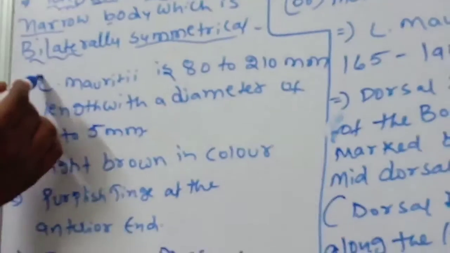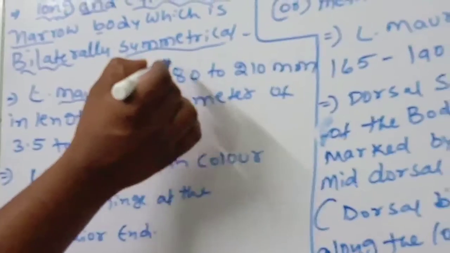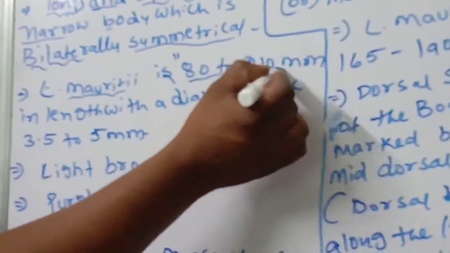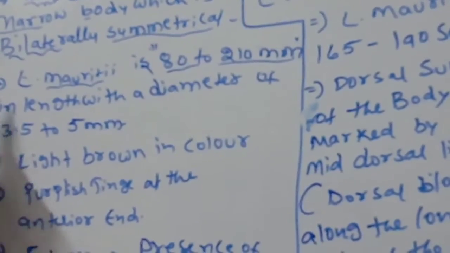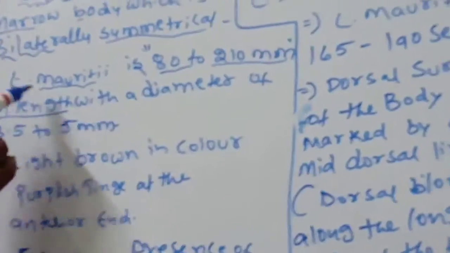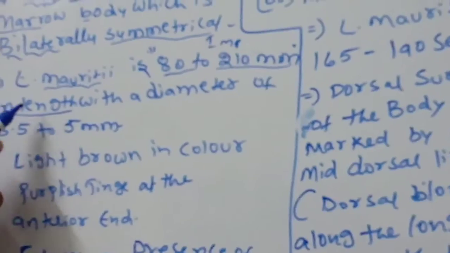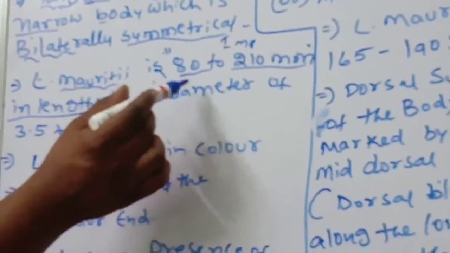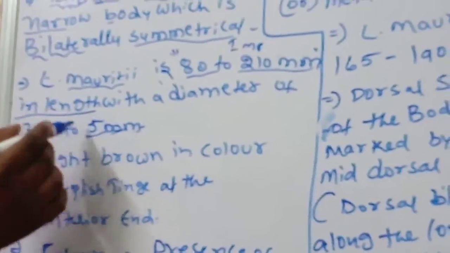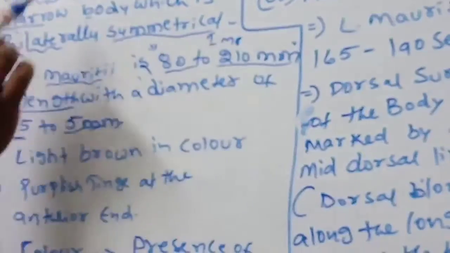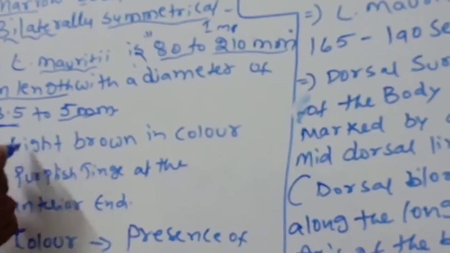Next point: what is the length of Lampito mauritii? 80 to 210 millimeters in length, with a diameter of 3.5 to 5 millimeters. This point you have to remember.